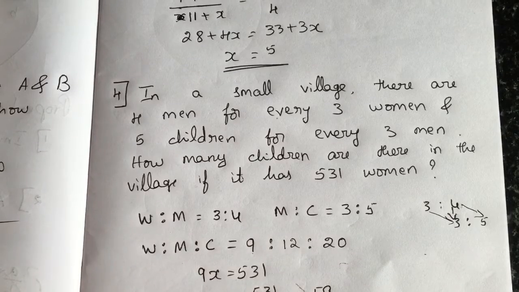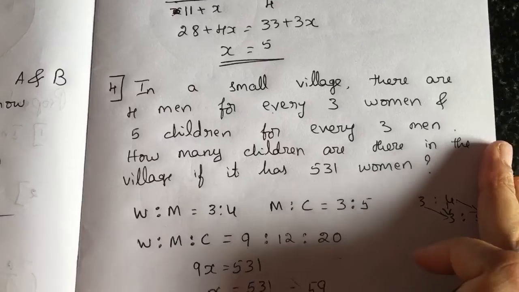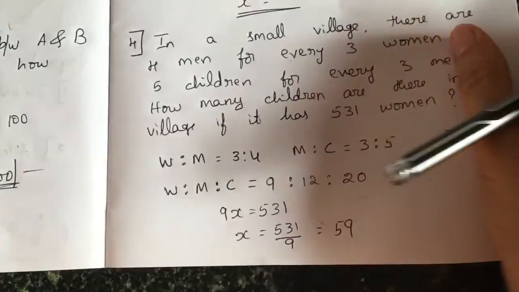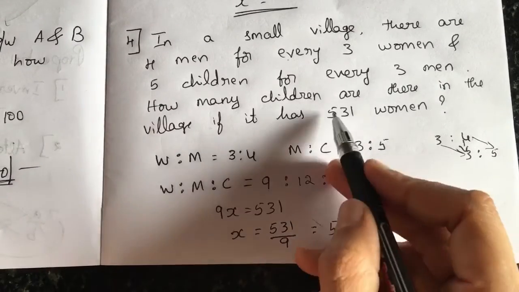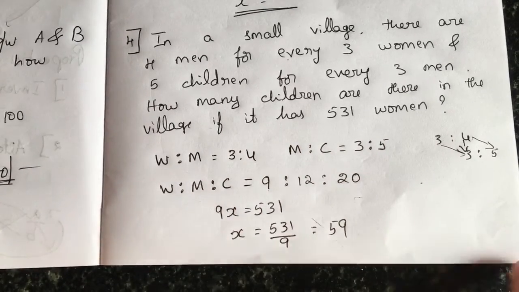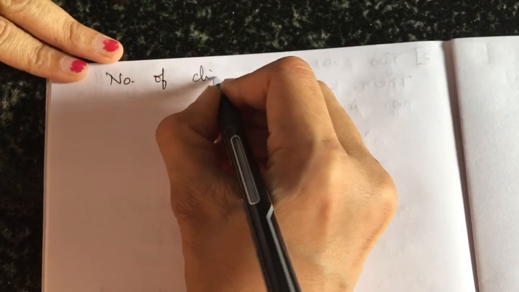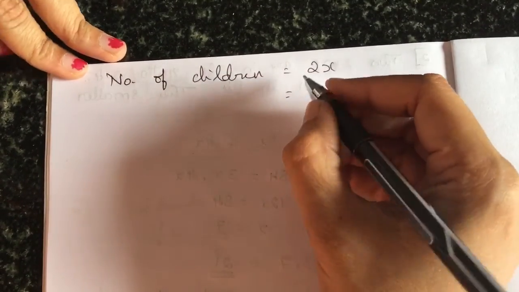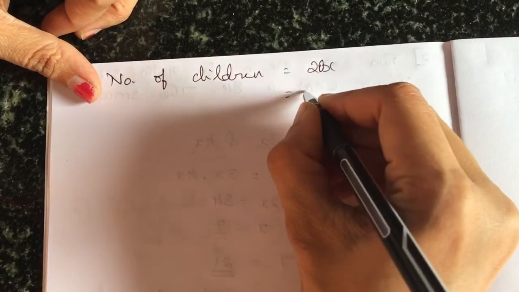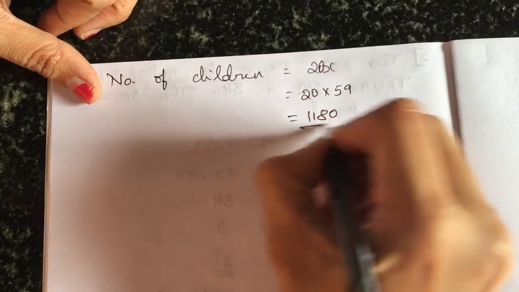Now children is asked, and children are in the ratio 20x. I got the x value as 59, so 20 into 59 is 1180.